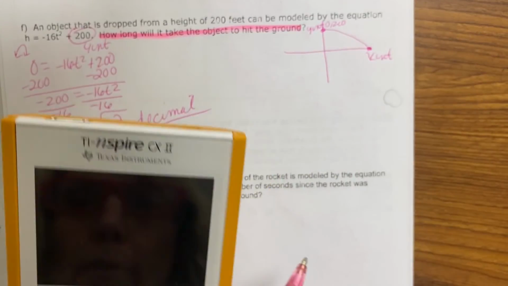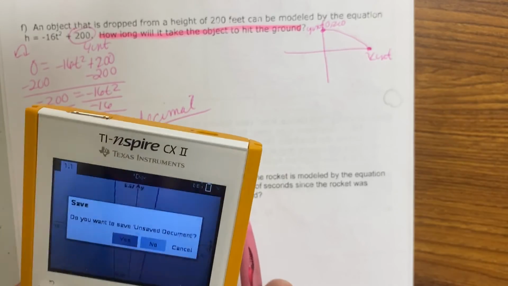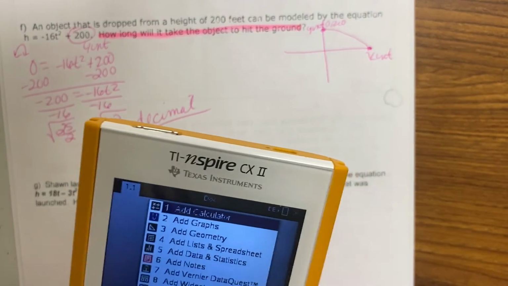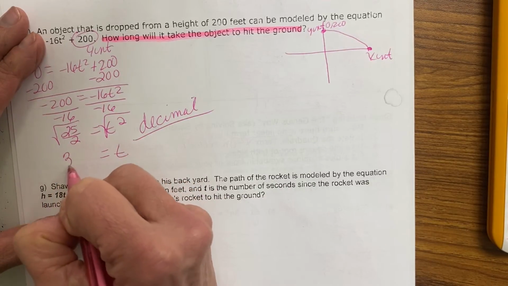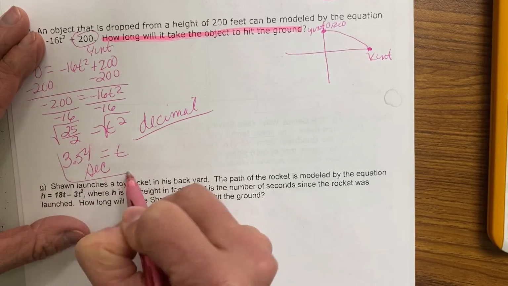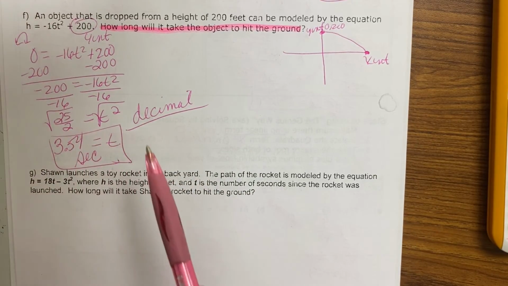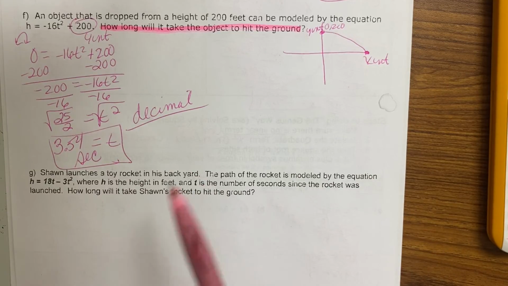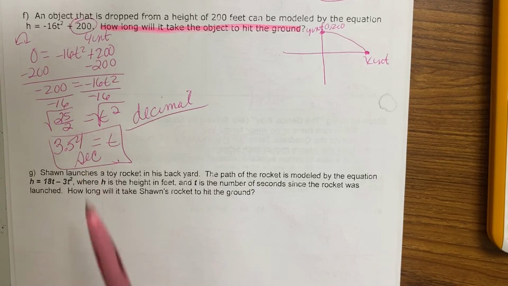And so I will go in and put that in the calculator. Square root of 25 all over 2, and that is going to be 3.54 seconds. And yes, I have my label. So remember that if you're talking time, or if I'm talking length and stuff like that, I'm going to go ahead and put it as a decimal. So that's 3.54.